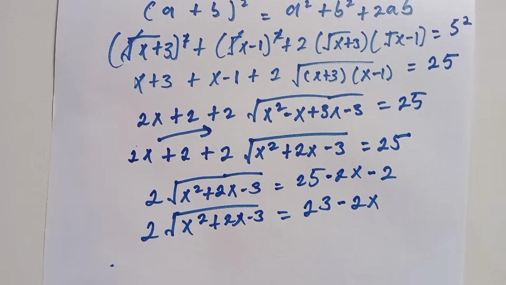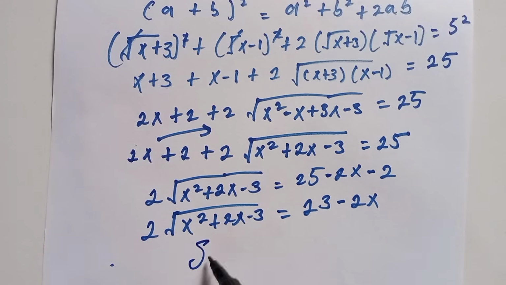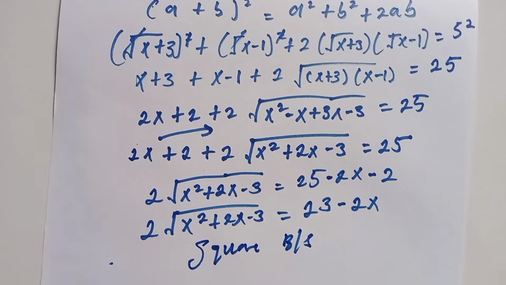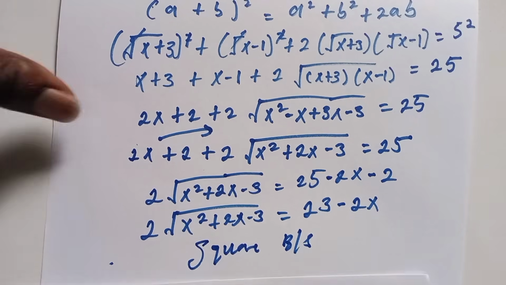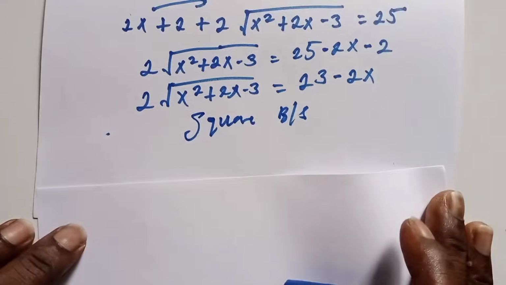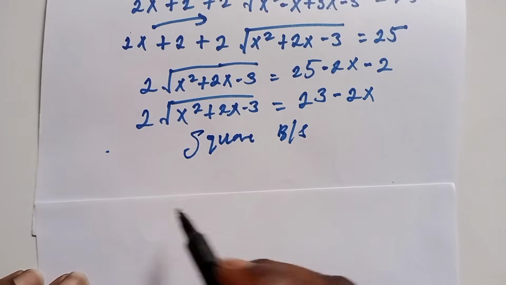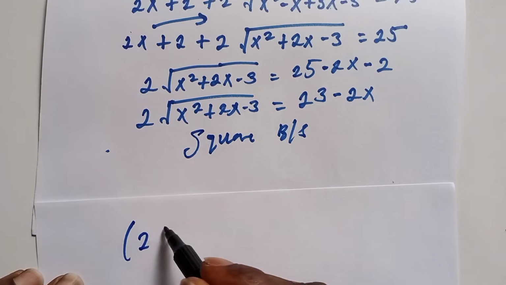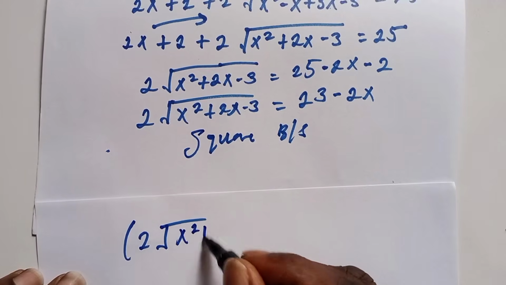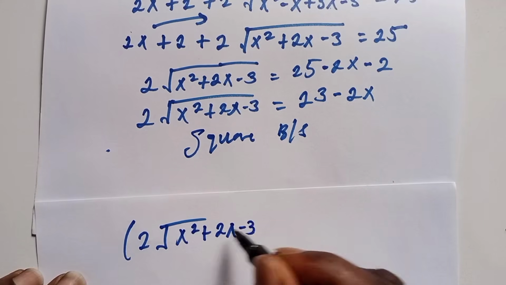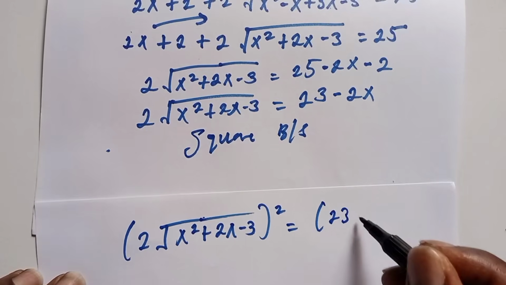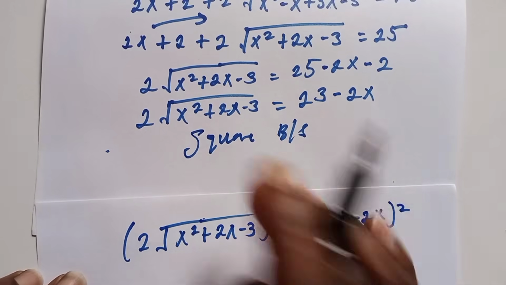So now to eliminate these square roots, I will square both sides. Now I have 2 root x squared plus 2x minus 3, squared, is equal to 23 minus 2x, squared.